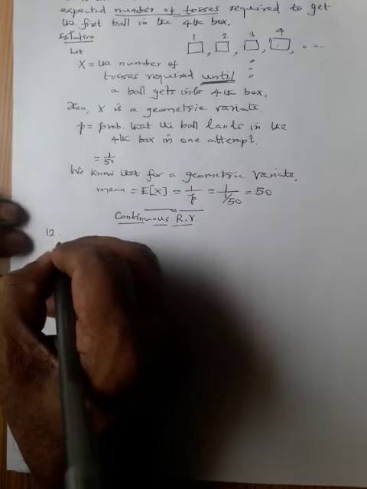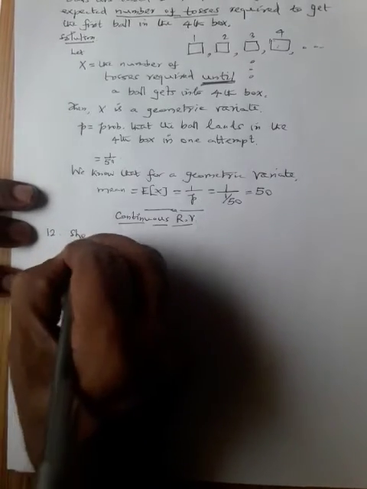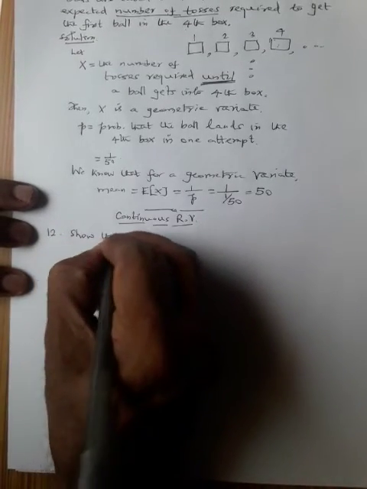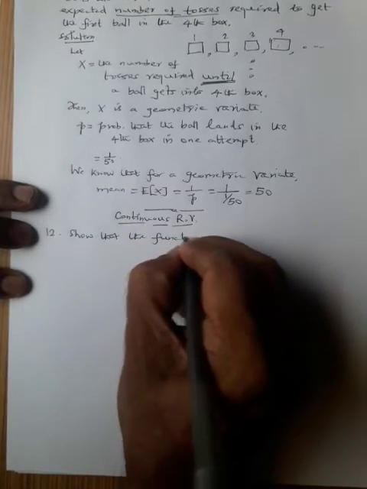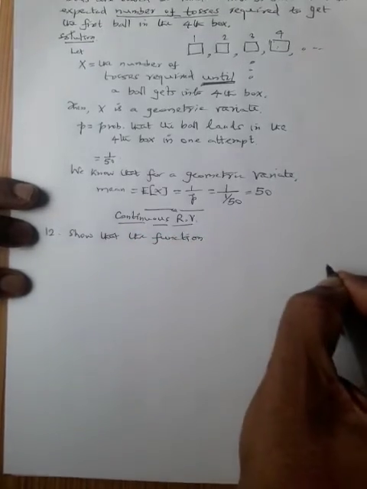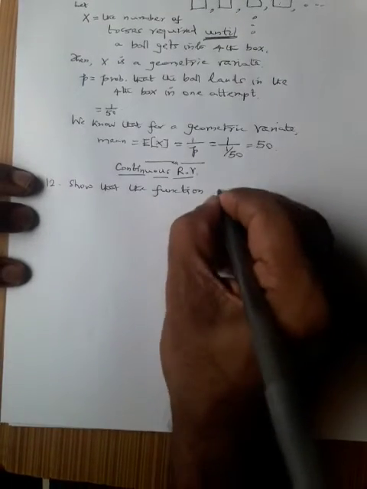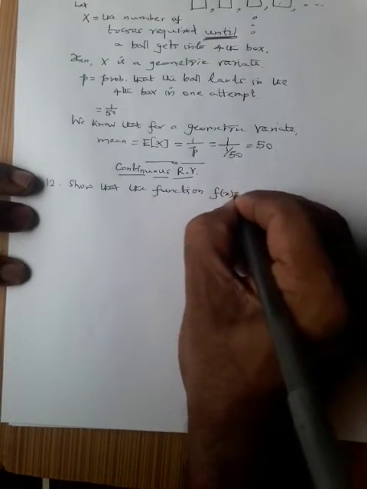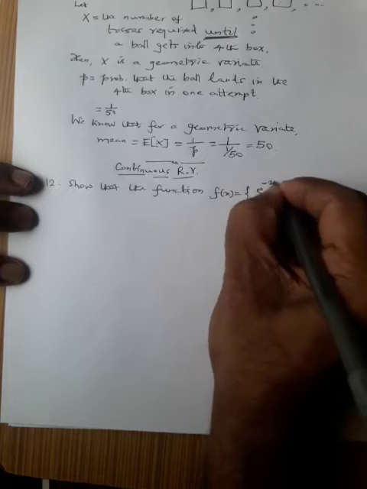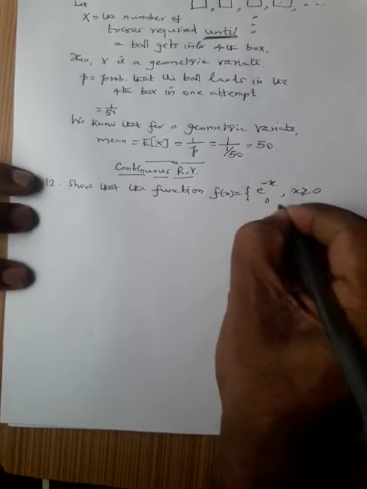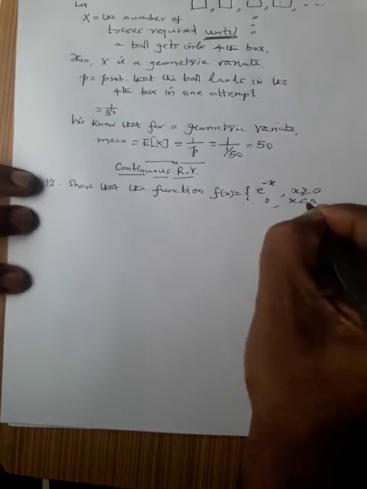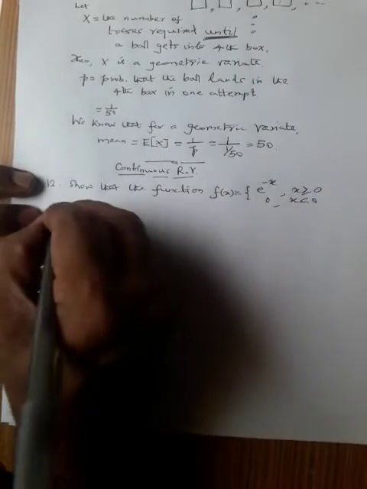Problem number 12: show that the function f of x is equal to e power minus x for x greater than or equal to 0, and 0 for x less than 0, is a PDF.